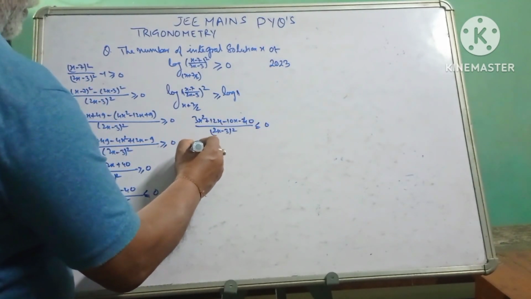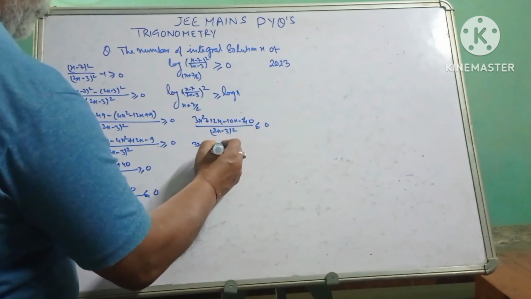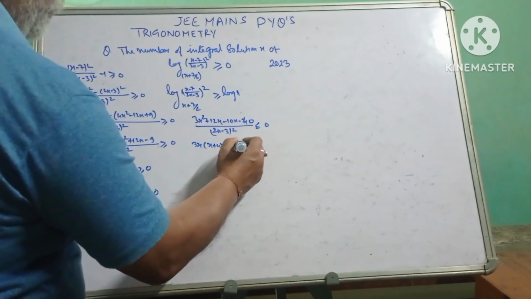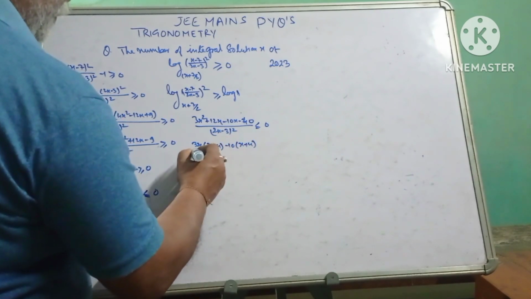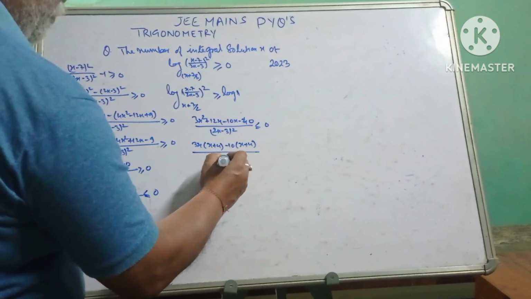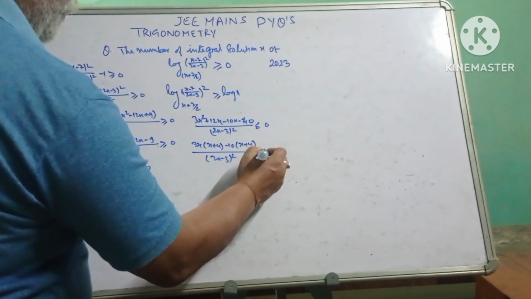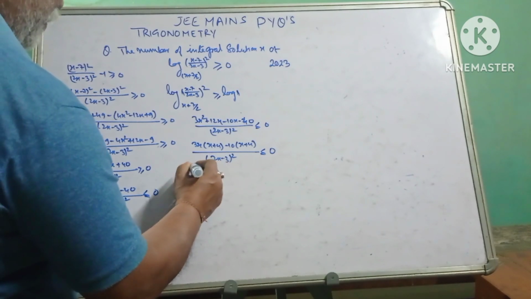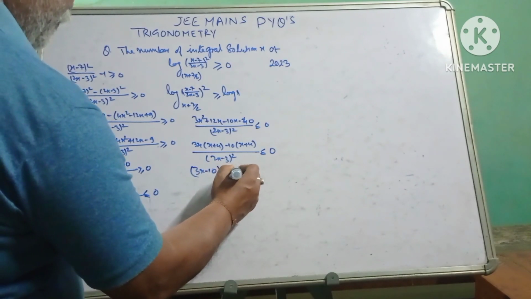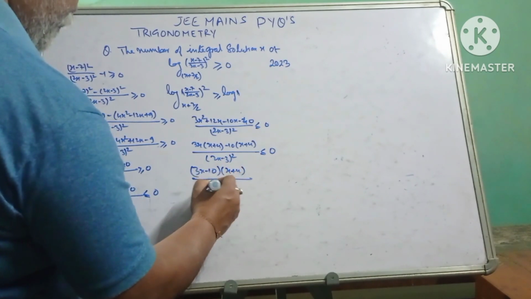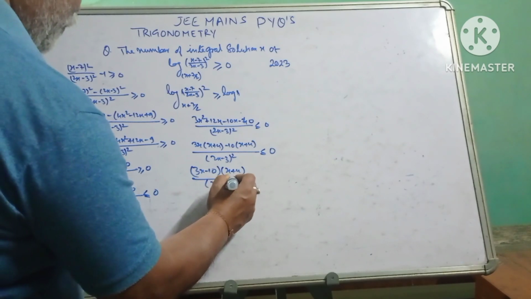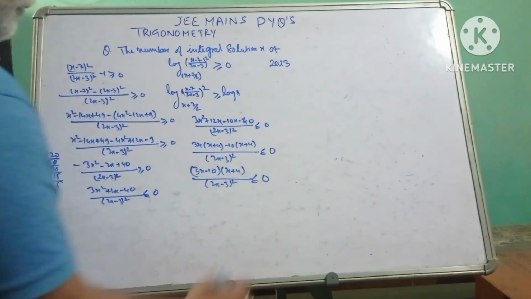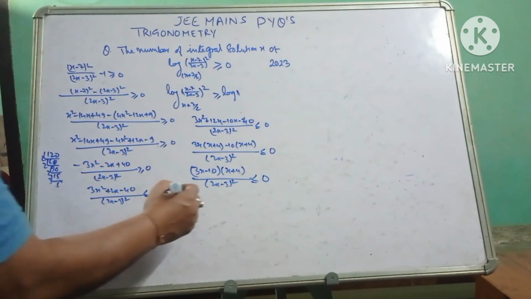So this is 3x (x plus 4) minus 10 (x plus 4) over (2x minus 3) the whole square less than or equal to 0. So this is (3x minus 10)(x plus 4) over (2x minus 3) the whole square less than or equal to 0.